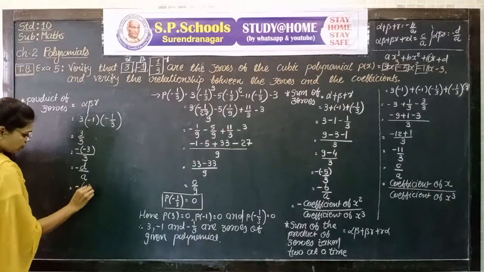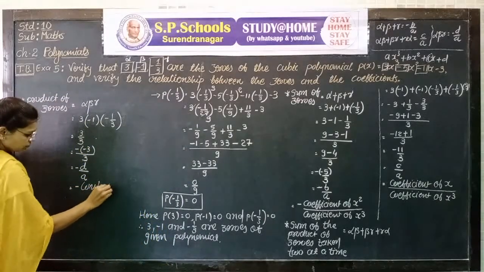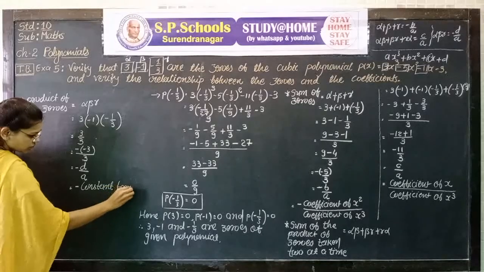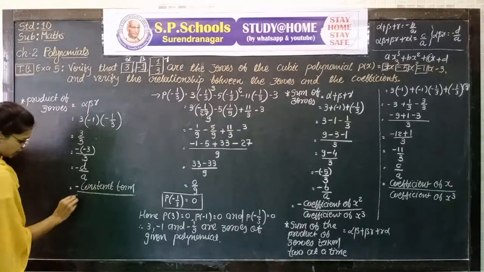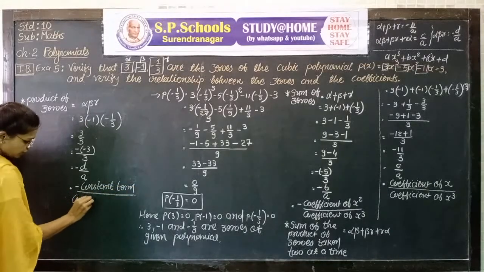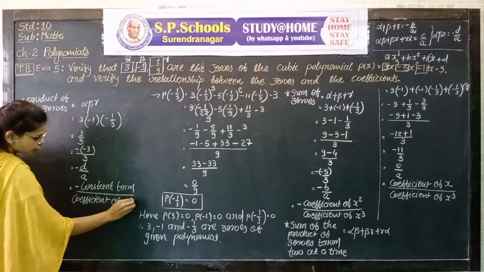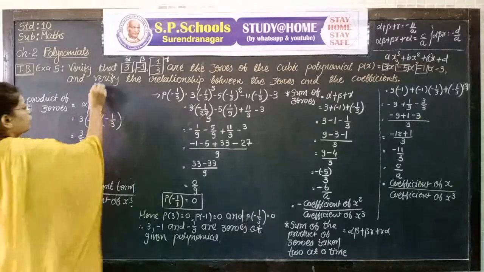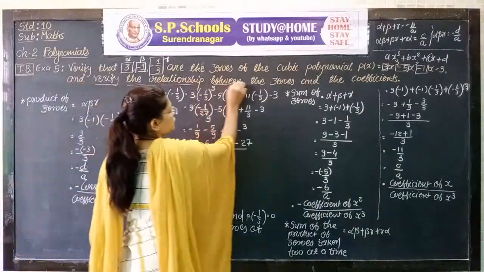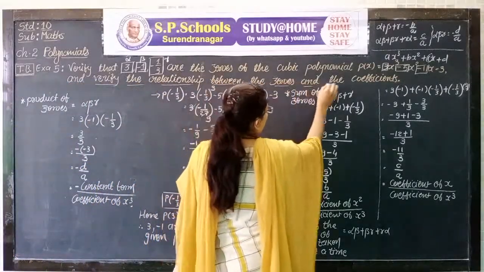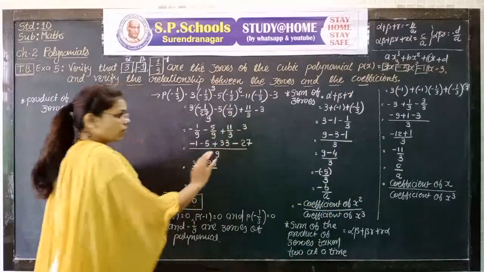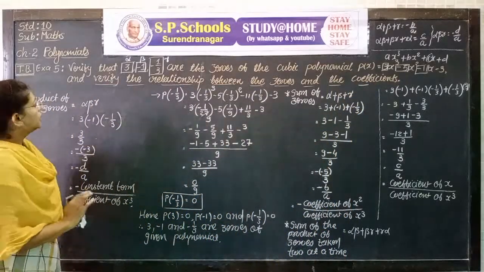Minus d, the constant term, upon a, the coefficient of x cube. Hence the second question, verify the relationship between the zeros and the coefficients, is also done here.